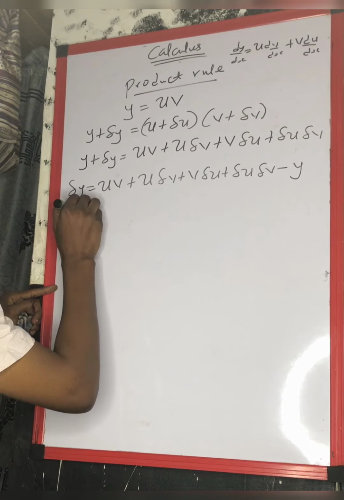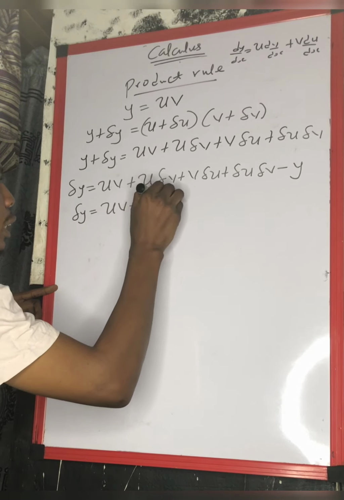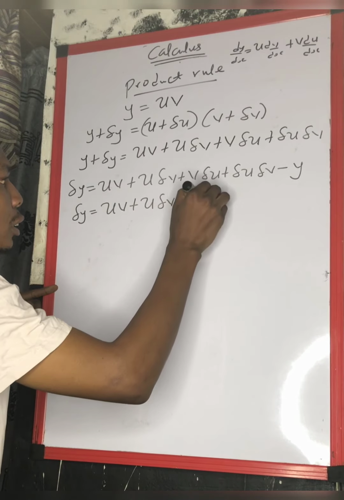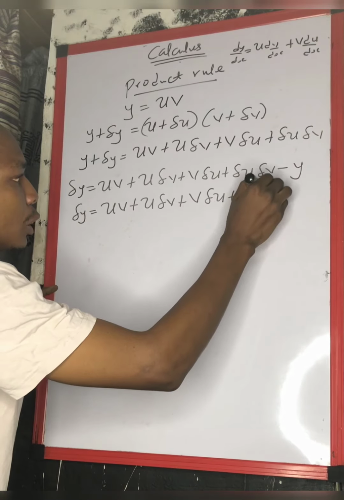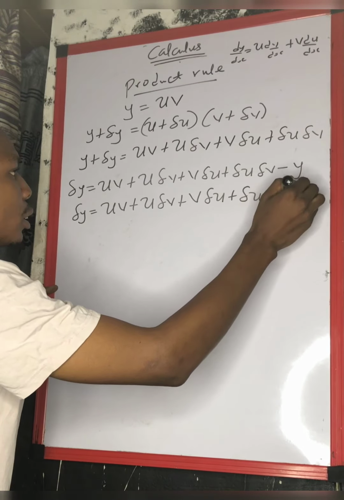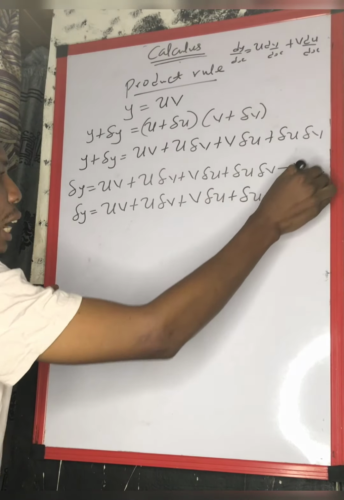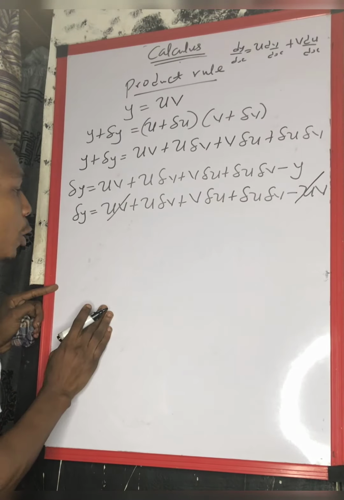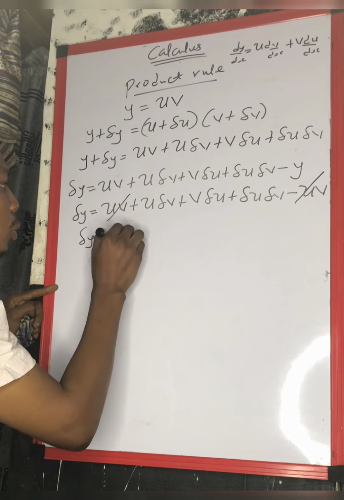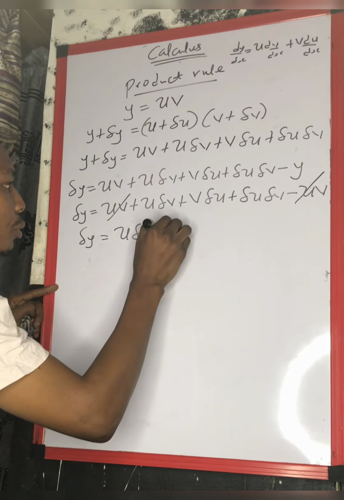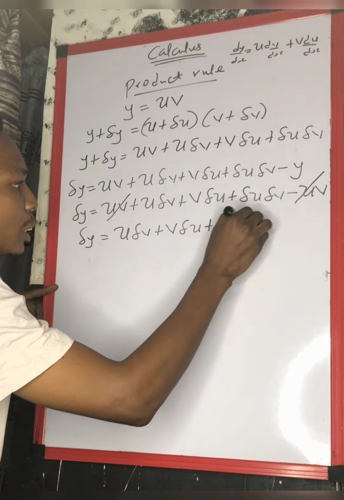So change in y equals uv plus u change in v plus v change in u plus change in u change in v minus uv. This time around uv minus uv cancel out, so you'll be left with change in y equals u change in v plus v change in u plus change in u change in v.